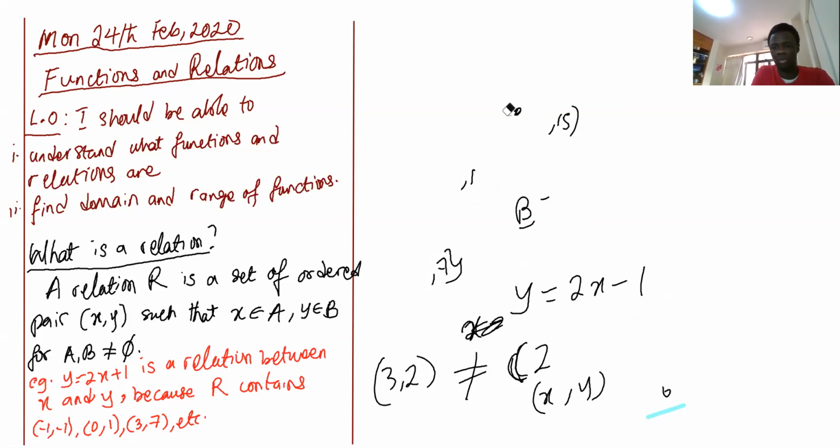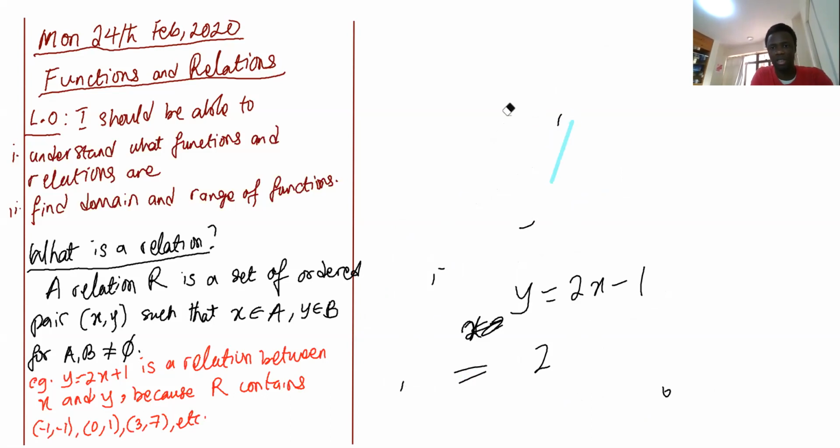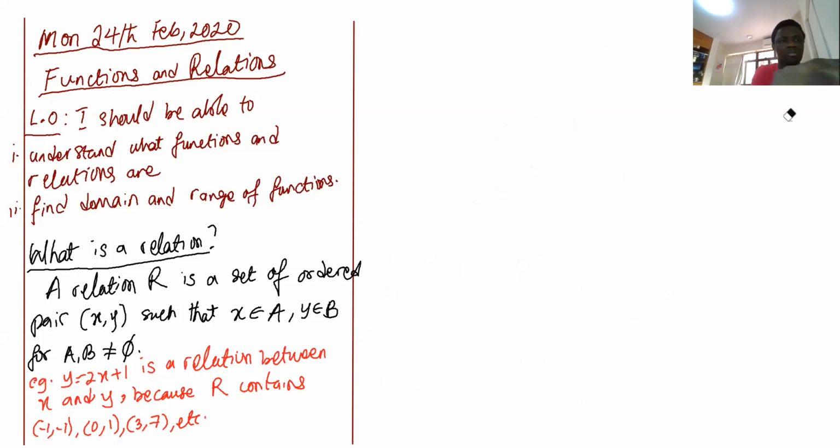So R will be the relation R. Remember, the relation is a set, so I'm going to write it properly now. So my R is this set: -1, -1, 0, 1, 3, 7.